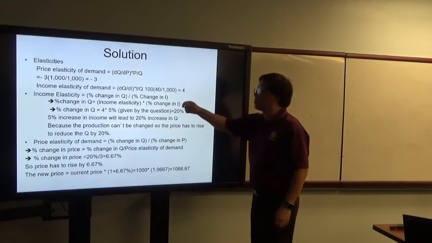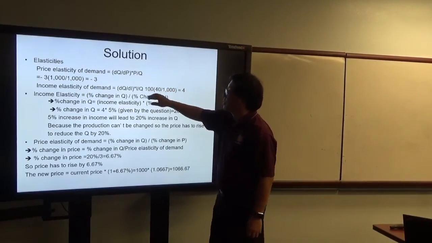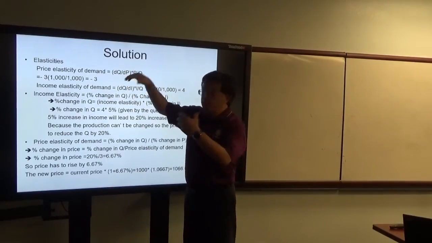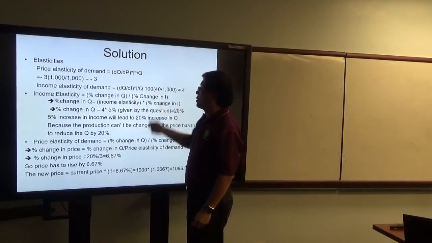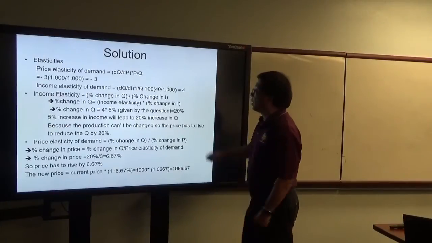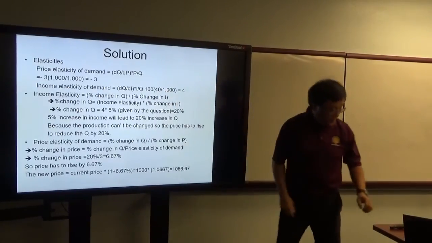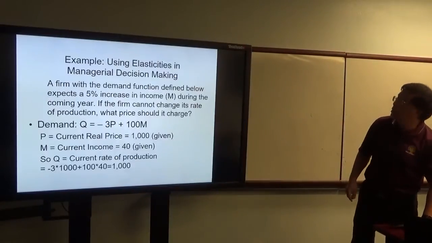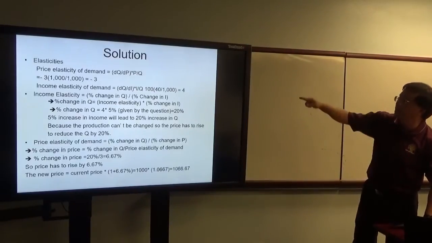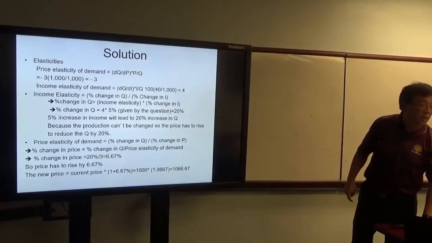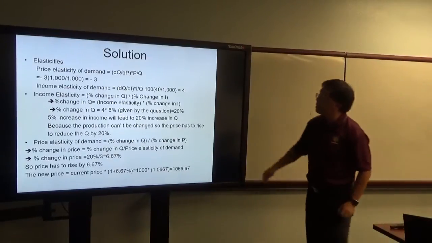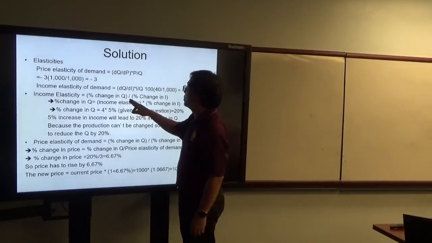So we can calculate the price elasticity of demand. Given dQ over dP, it's -3. And also we can figure out the income elasticity of demand, dQ over dM, because M is the income here.